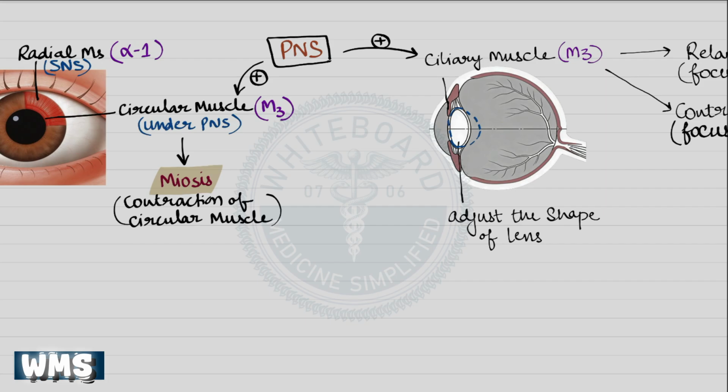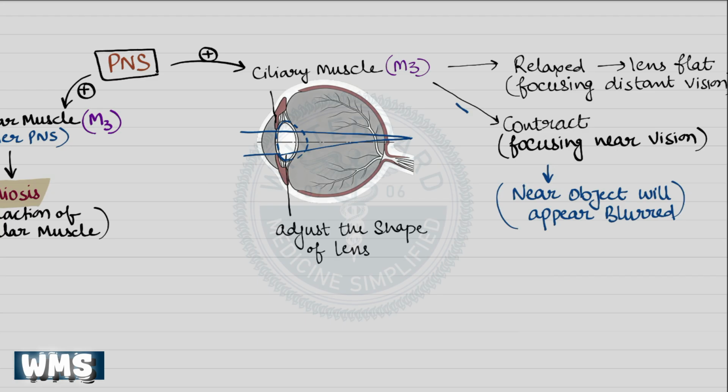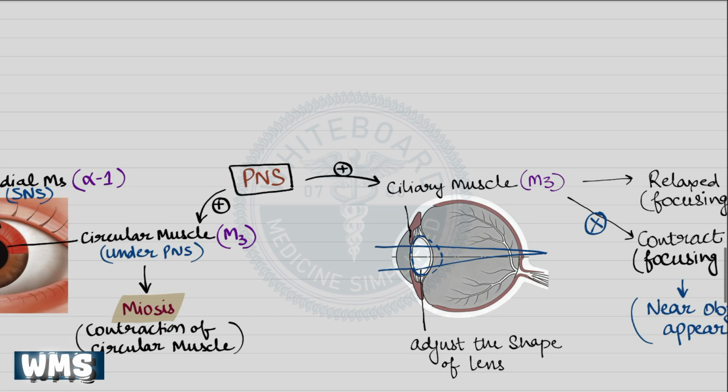Suppose the pupil constricts but the ciliary muscle does not contract, the lens would remain flat and the image would not focus correctly on the retina, resulting in blurred vision. Therefore, both pupil constriction and lens thickening occur together in a coordinated manner, and this process is called accommodation. In this way, M3 receptor activation directly produces the typical parasympathetic response in the eye.